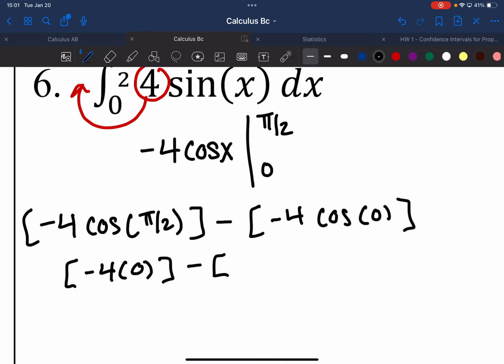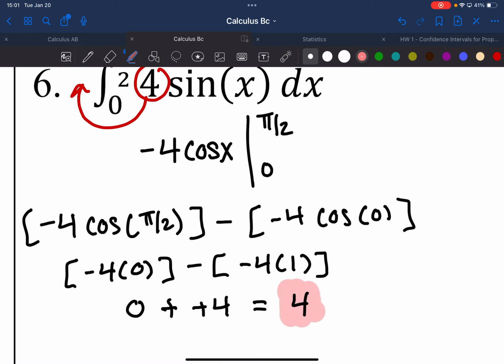And cosine of 0 is 1. Okay, so we have negative 4 times 0, which is 0. Negative 4 times 1, which is negative 4, but minus a negative makes this a positive, so our answer is 4.